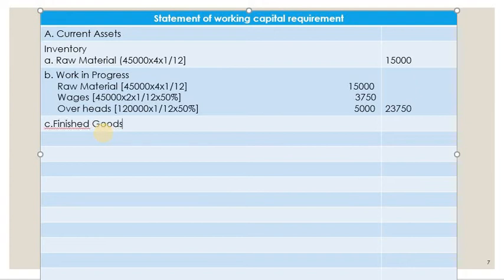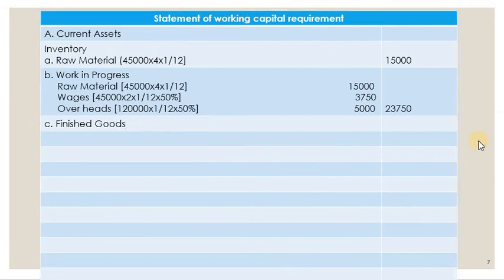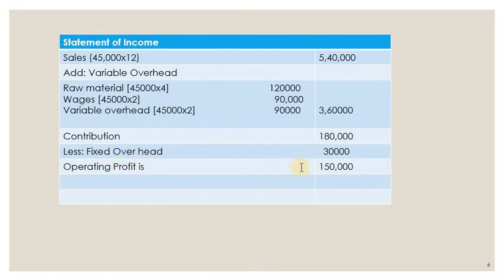Okay. Then C, finished goods should be calculated on the cost of goods sold. Since information is given, we have already found out the operating profit, that is 1,50,000. So how to find out the cost of goods sold now? Cost of goods sold is very simple to find. You take the sales, that is 5,40,000, the total sales, minus the profit.